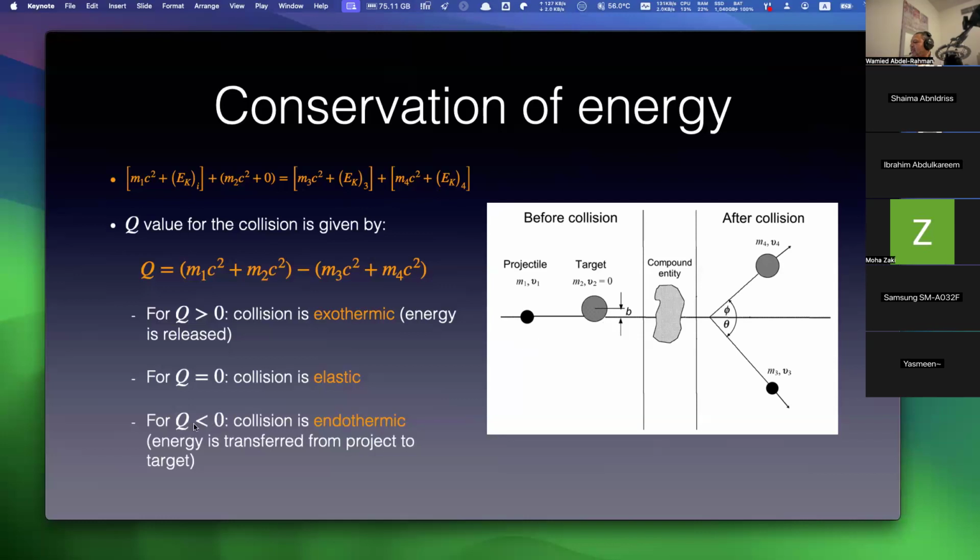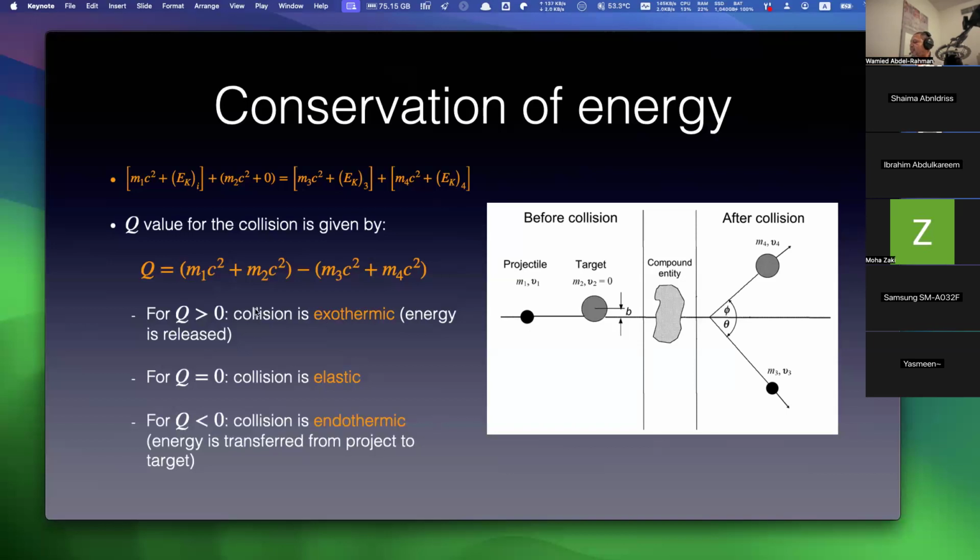And when the Q value is less than 0, this collision is endothermic, meaning that some energy has to be transferred from the projectile to the target. Or in other words, for endothermic interactions, this interaction cannot happen unless the projectile has some kinetic energy.